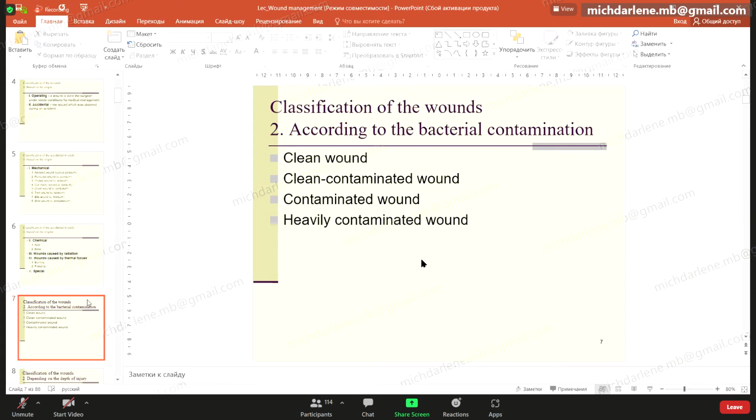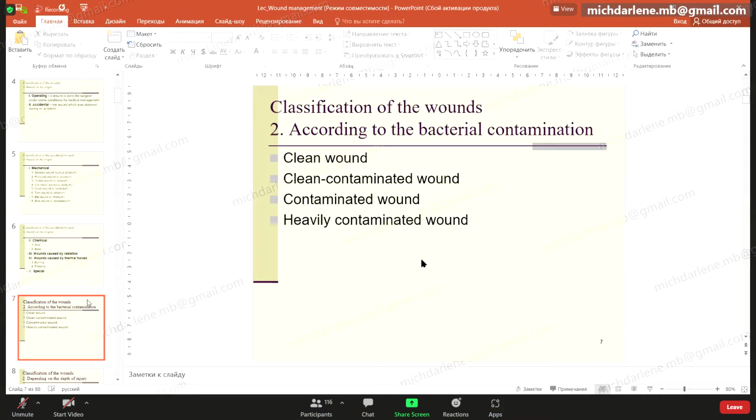According to bacterial contamination, we can speak about the clean wound, but it's a fairy tale; no non-contaminated wound happens in the world. We try to guarantee aseptic and antiseptic conditions in our operation rooms, but after operations we use antibiotics too, to prevent any purulent problems.